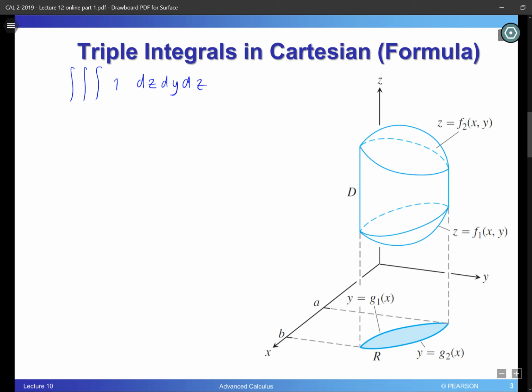And now we need to find what is D. What is this D equal to? All 6 of them. Now before that, let's take a look at this shape here. What does it look like? So this shape has sort of like a surface at the top, sort of like a cap, and then you have this surface at the bottom. So we have this surface at the top, sort of like a dome, okay?